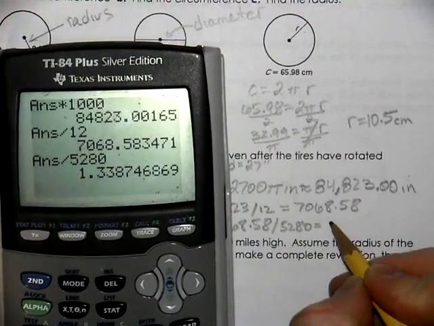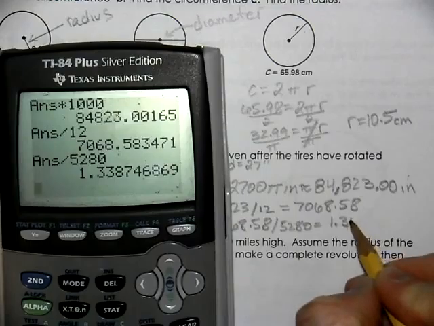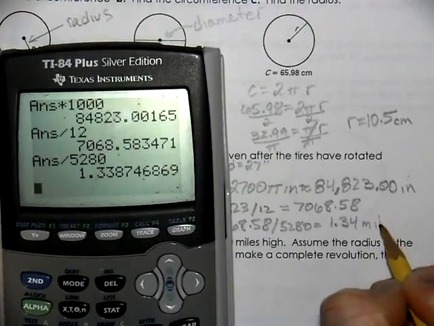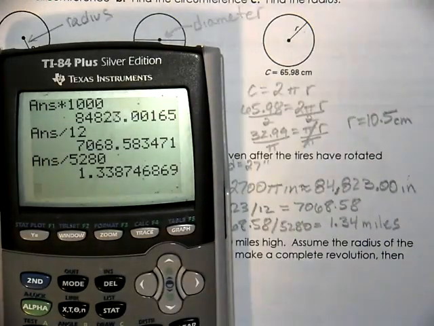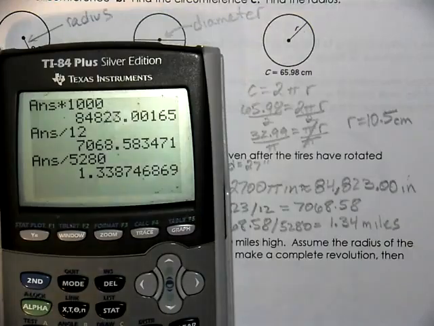So we'll call that 1.34 miles. So after 1,000 rotations, a tire that has a diameter of 27 inches is going to travel 1.34 miles.